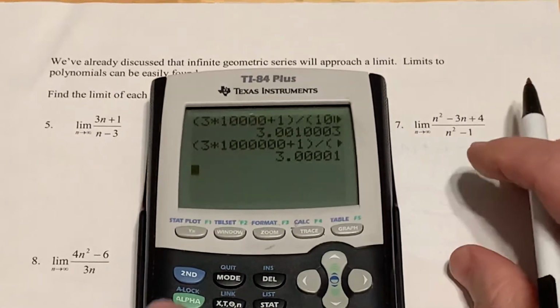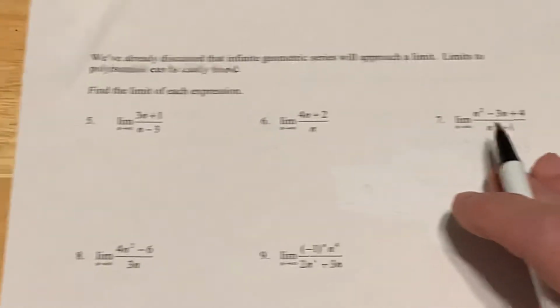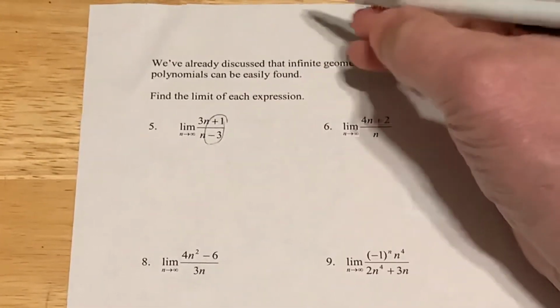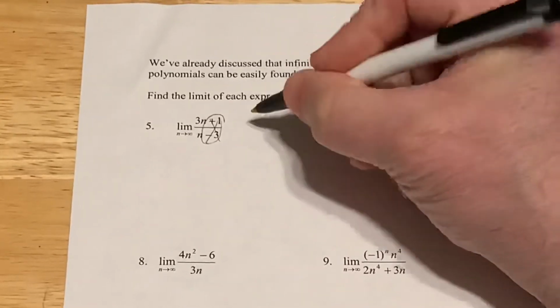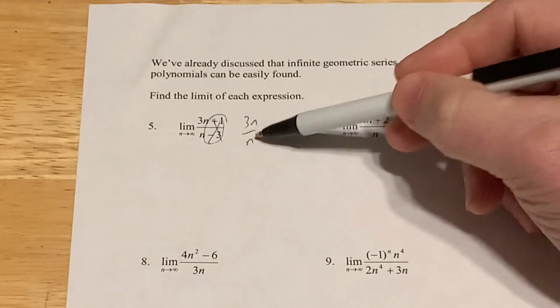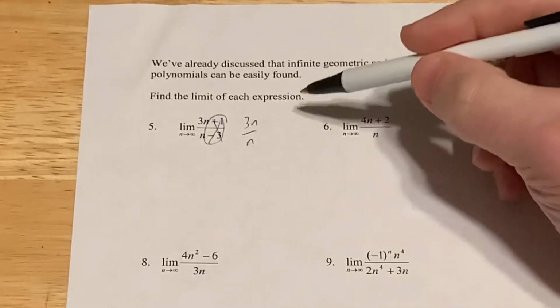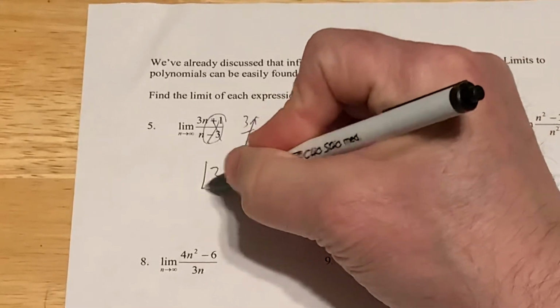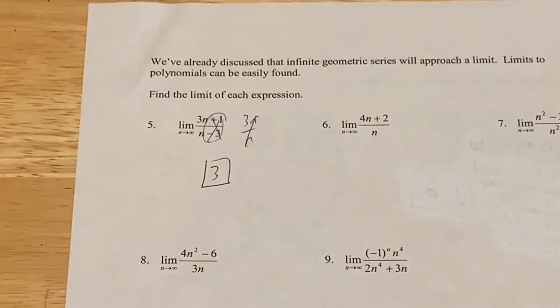So what happens is, when we start talking in terms of infinity here, this part really doesn't have much bearing at all. And this is going to simplify or reduce to whatever your highest exponent of n is. 3n over n would reduce to 3. So our limit as n approaches infinity is 3.